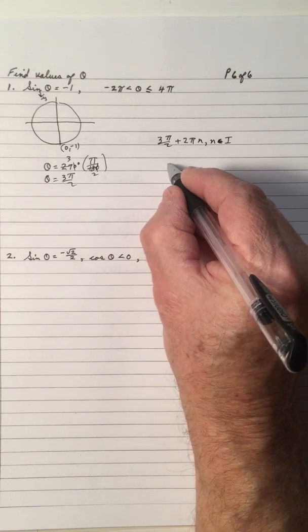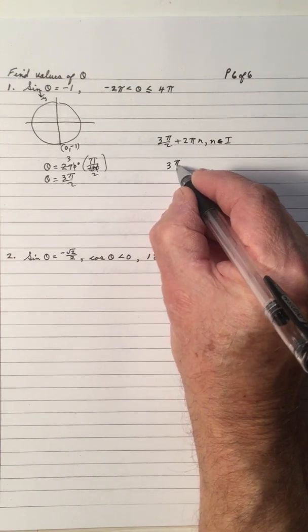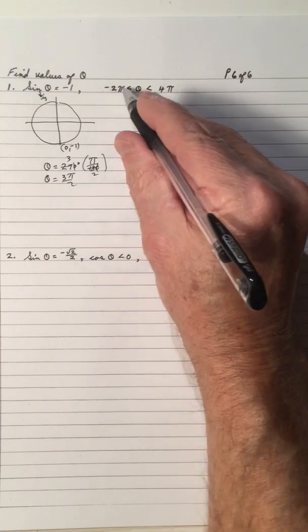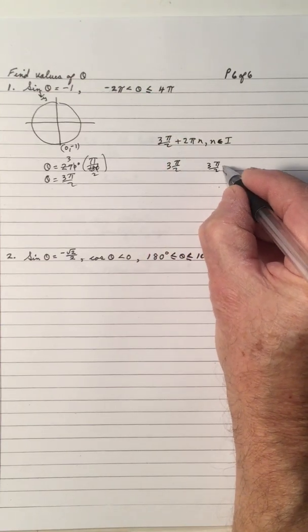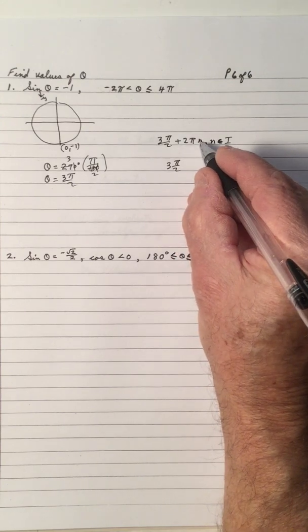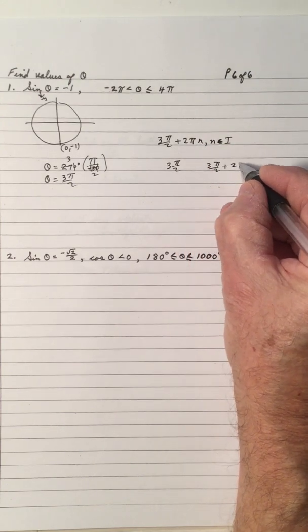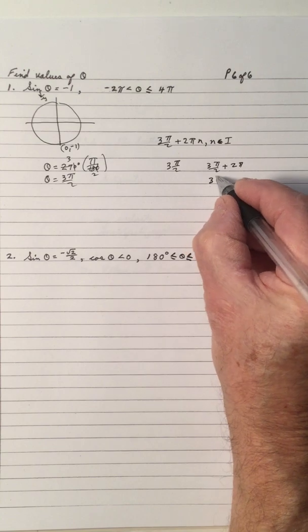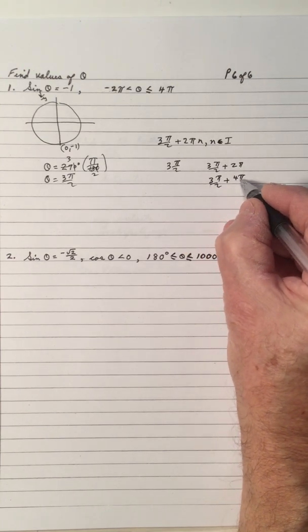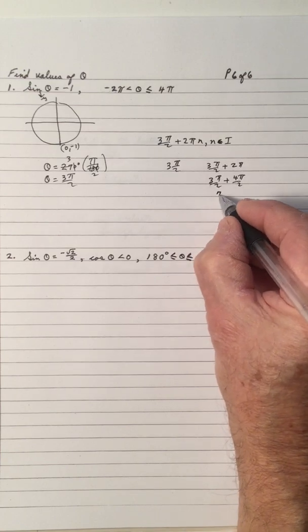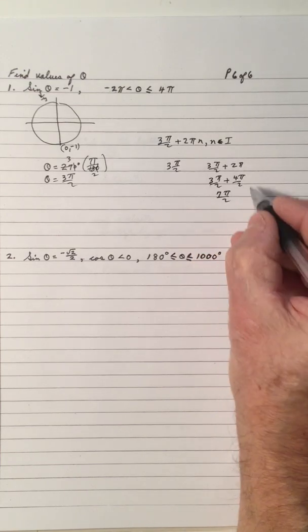So if we take 3 pi over 2, which is one of them, and add on, when n is 1, we get 2 pi. So that's 3 pi over 2, add on 4 pi over 2. So that's 7 pi over 2.